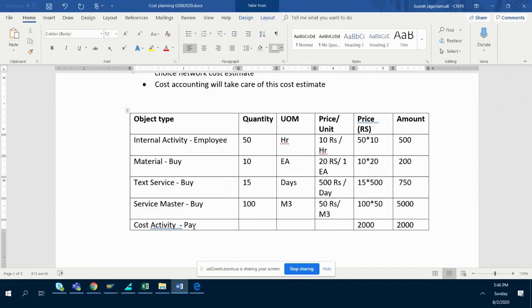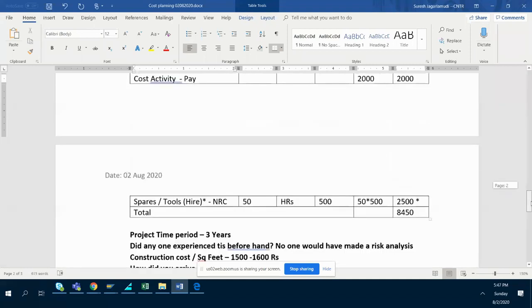We don't have any such classification here. Capital cost or OPEX, at the end of the day it is a receiving object, nothing else. But here in our cost planning, we don't have any such classification.